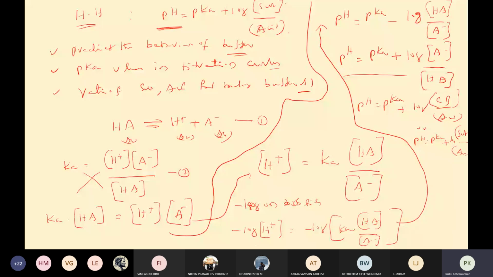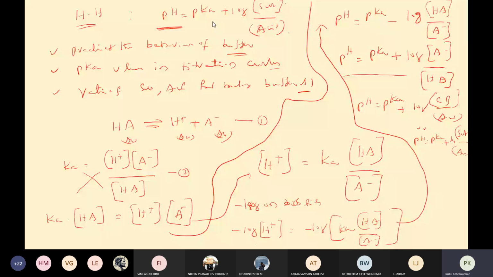So now we will do one numerical based on the Henderson-Hasselbalch equation.